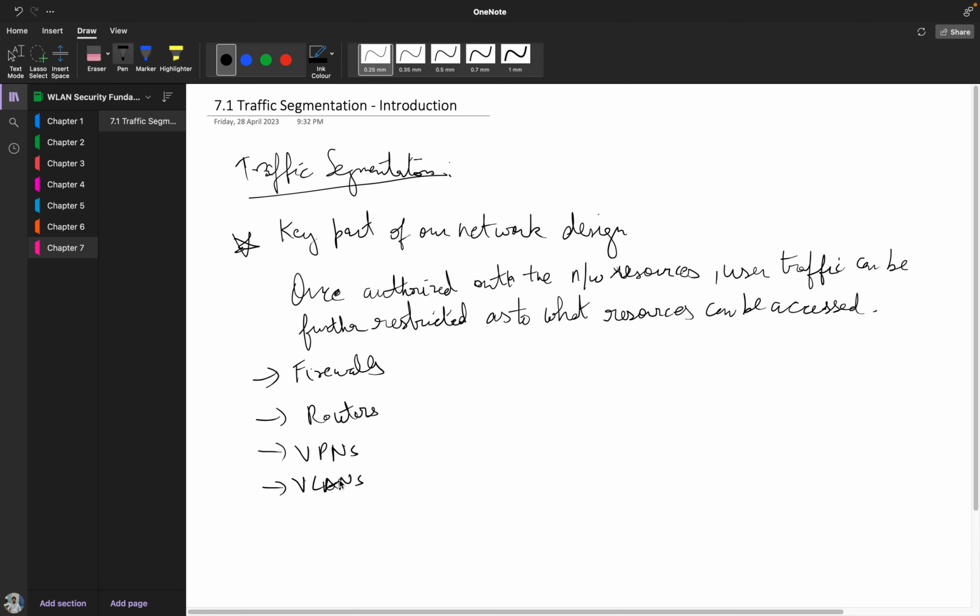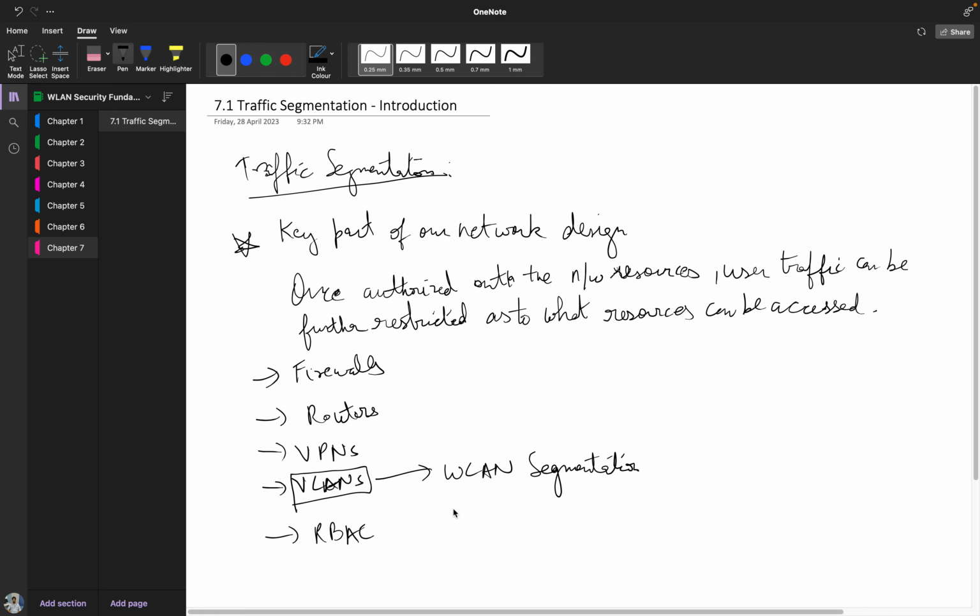So for a wireless segmentation strategy in enterprise 802.11, WLAN is the most common and most widely used for segmentation. Sometimes segmentation is also intertwined with role-based access control. Okay, so RBACs, we'll also touch upon this in the next video, but even role-based access control is sometimes used in segmentation to segment the traffic further, right?